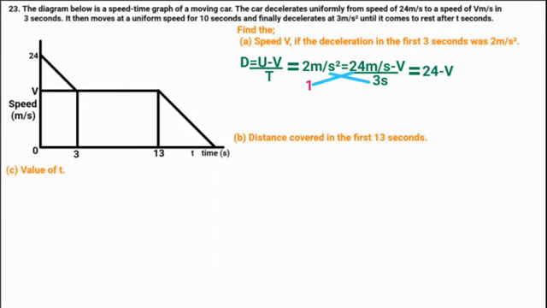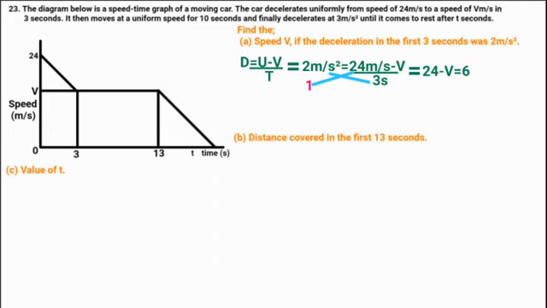I'm just going to ignore the units a bit, so I'm going to say 24 minus v, which will be time is equal to 6. So 2 times 3 will give us 6.